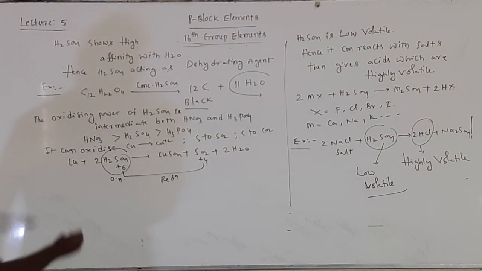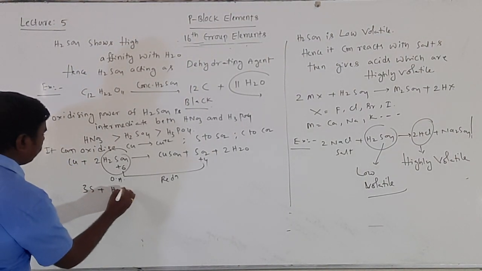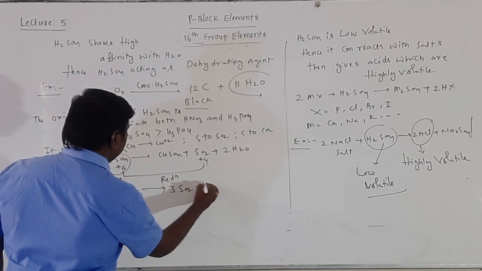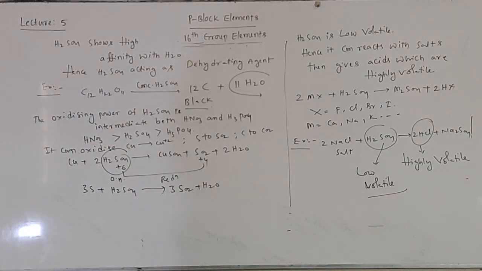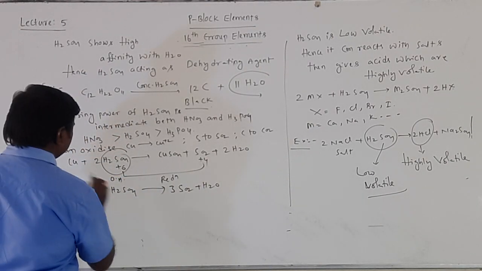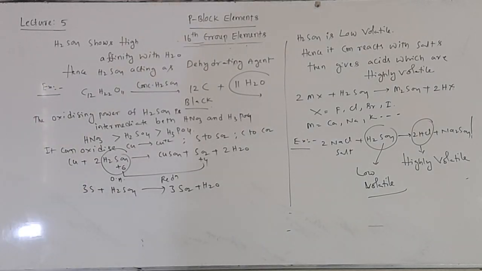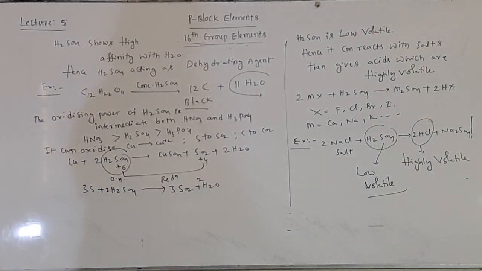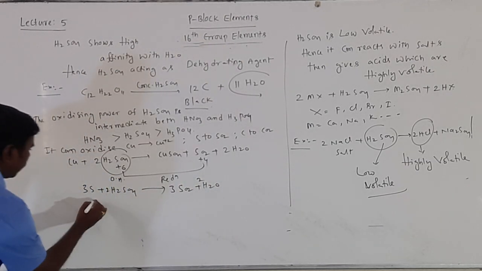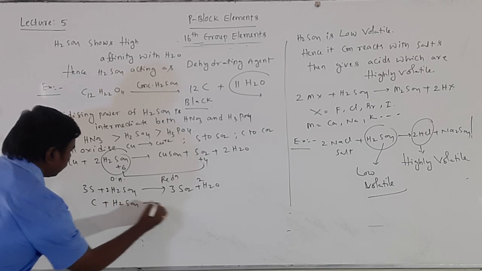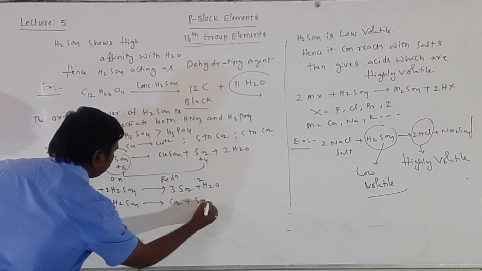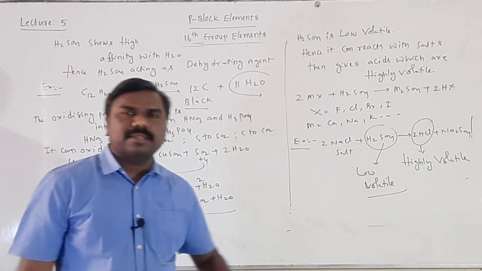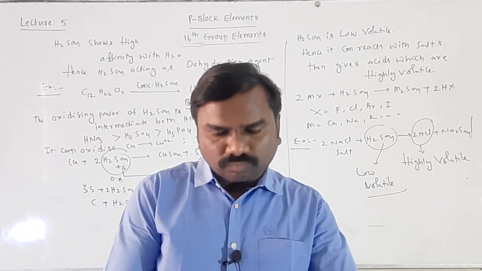Next, S plus 2H2SO4 gives rise to 3SO2 plus 2H2O. Similarly, C plus 2H2SO4 gives rise to CO2 plus 2SO2 plus 2H2O. Carbon is oxidized to carbon dioxide. Getting, all of you? Yes.